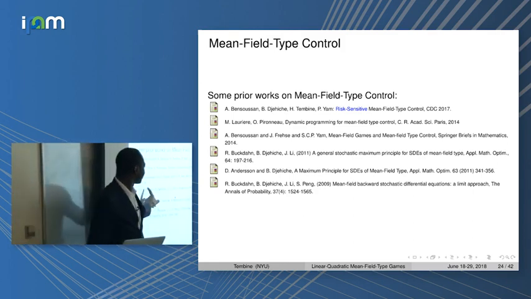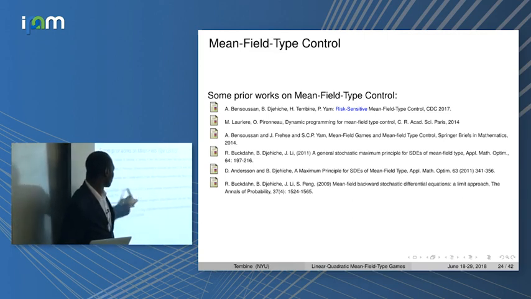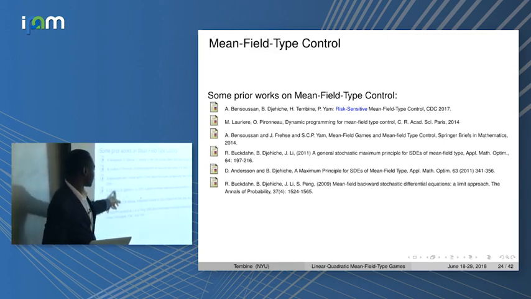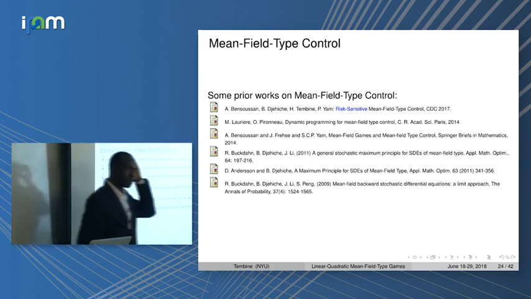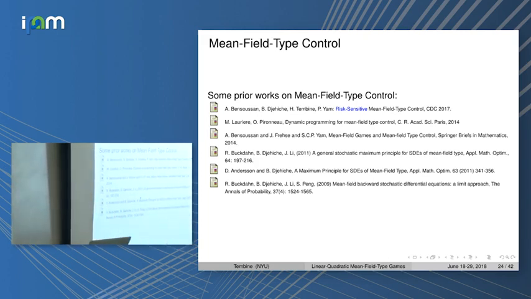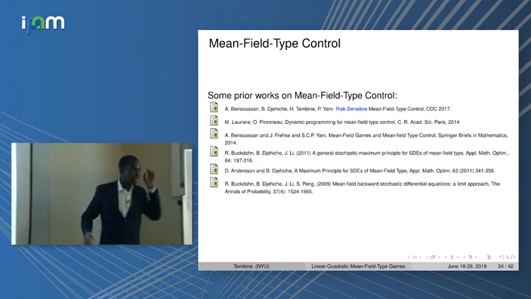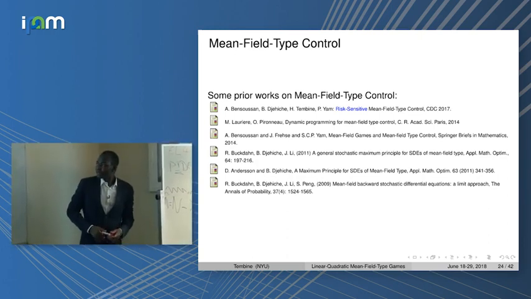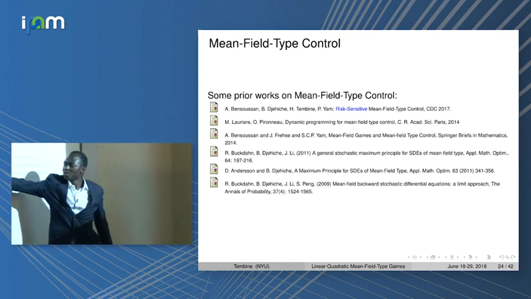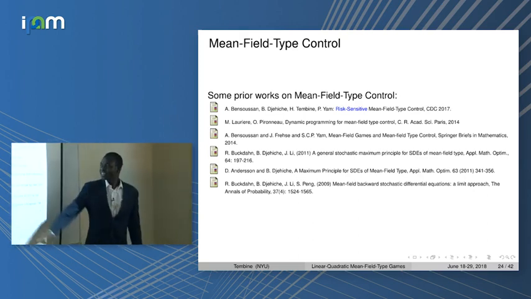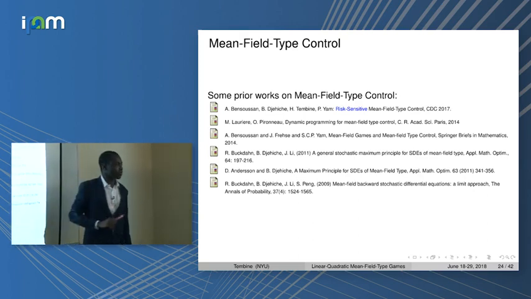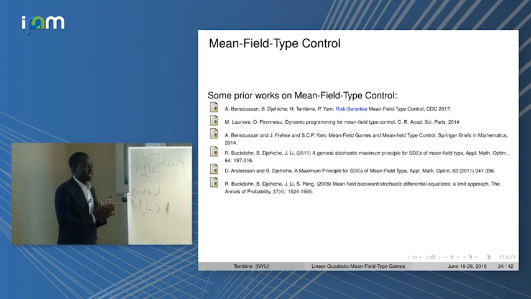And then extensions of this framework by his co-authors, and then Alain Bensoussan has a book on this framework. Okay, and the group by Mathieu and Olivier worked on a dynamic programming version of that problem and so on. So that's mean-field type control.